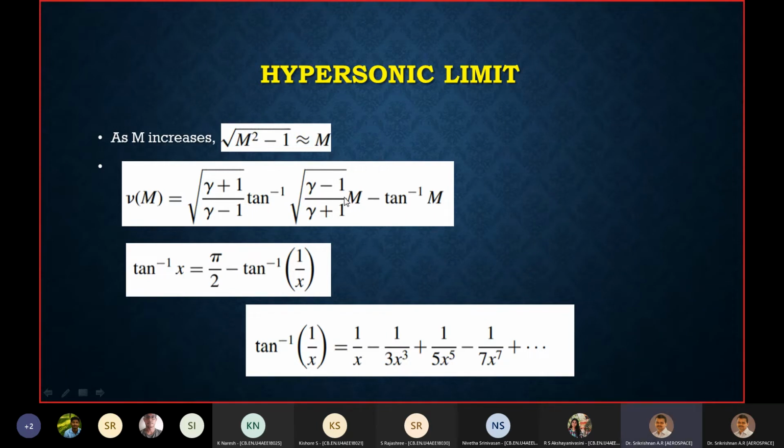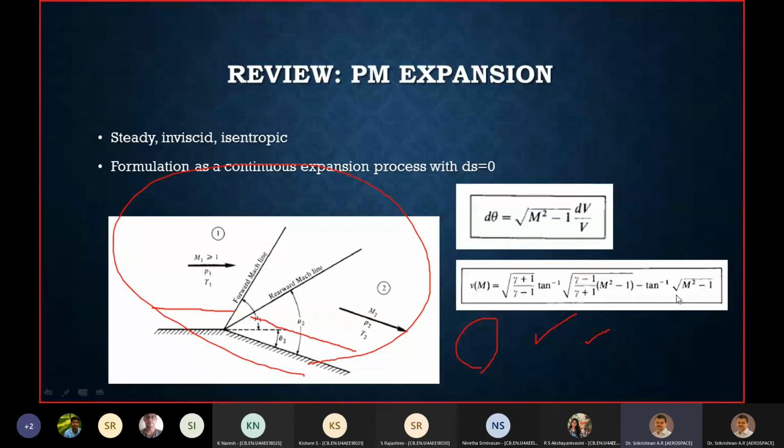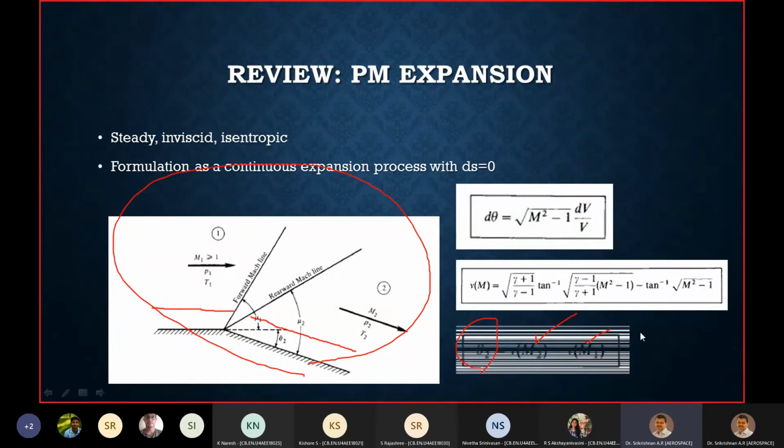Yes, d theta is square root of M squared minus 1 times dV by V, and the Prandtl-Meyer expansion function itself has a square root of M squared minus 1. So there are two places where M squared minus 1 appears: in the first term inside the square root, and in the second term as tan inverse of square root of M squared minus 1.